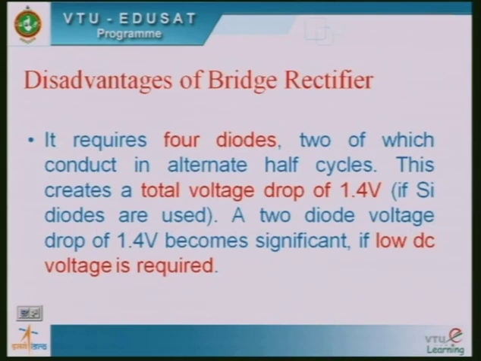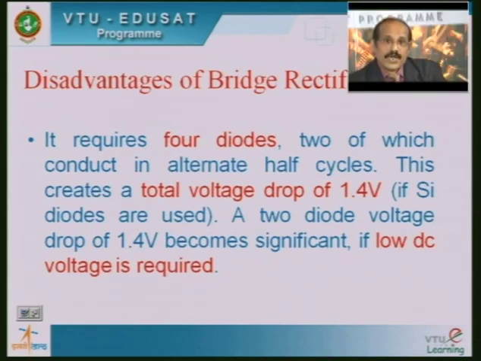It also has a disadvantage: it requires 4 diodes. At any instant of time, 2 diodes conduct. During the positive half cycle, diodes D1 and D2 conduct, whereas during the negative half cycle, diodes D3 and D4 conduct.